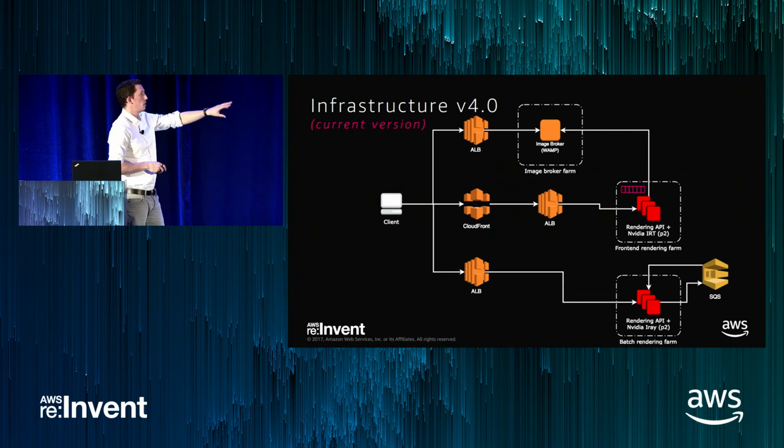The lower part stayed the same. Those are those kind of asynchronous images that you generate for marketing purposes, and you just consume the jobs from your SQS queue.